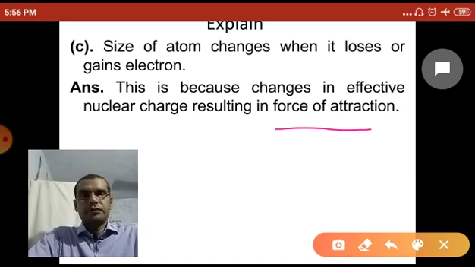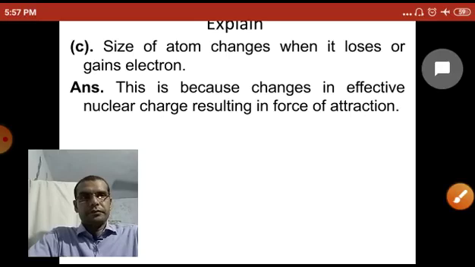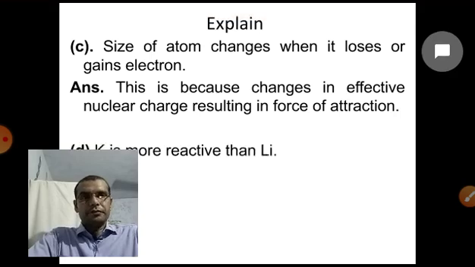The number of protons is always the same, but the number of electrons varies. So the effective nuclear charge affects the valence electrons, and the force of attraction by the nucleus varies. That's why the size of atoms can change.